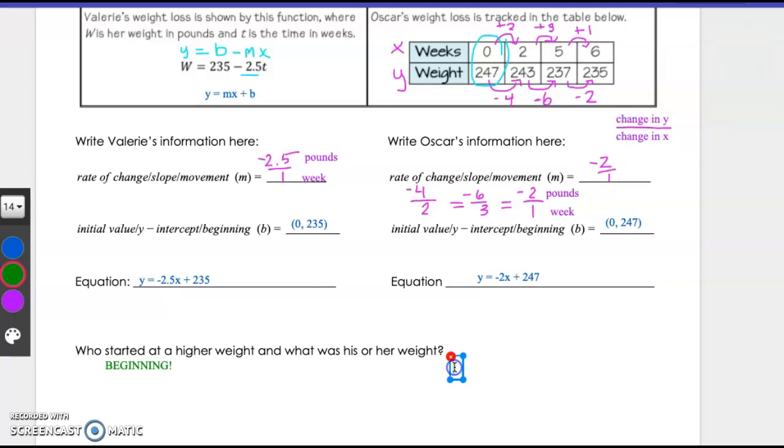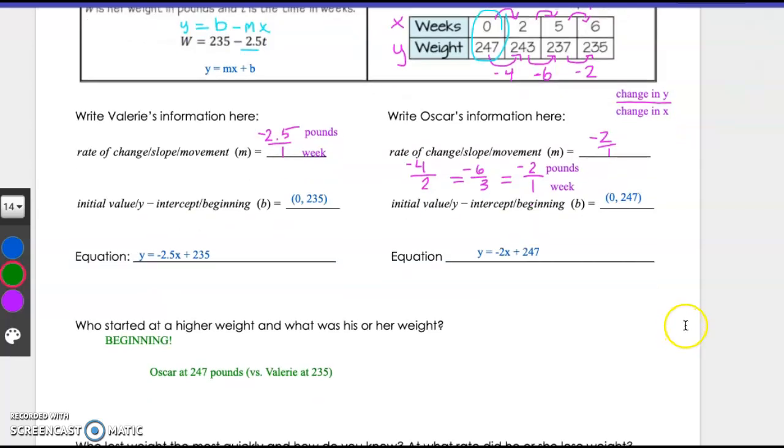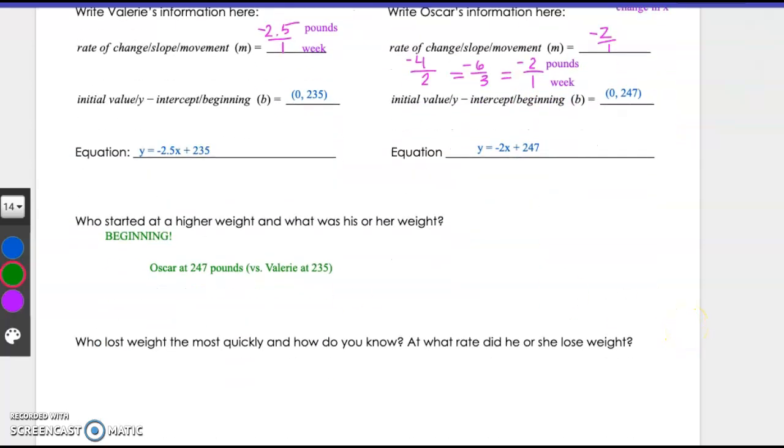At a higher weight. 247 pounds versus 235 pounds. Oscar did, versus Valerie at 235. Cool. That's pretty straightforward.